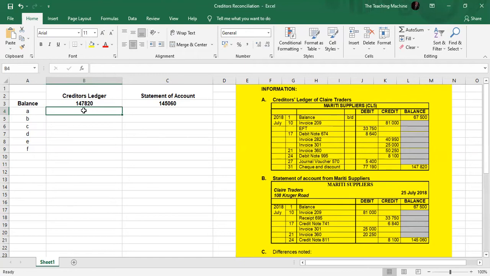So we need to add back this 1,800, because we're saying we shouldn't pay 8,640 because we returned goods to the supplier. But the supplier says to us, no, you returned goods worth 6,840. So please reverse the 1,800 because your account is overstated by a return. So it will be plus 1,800.